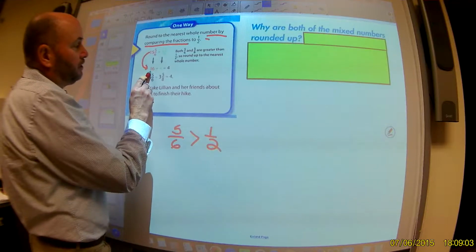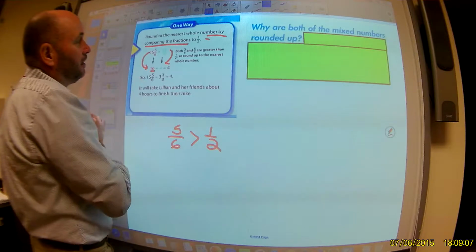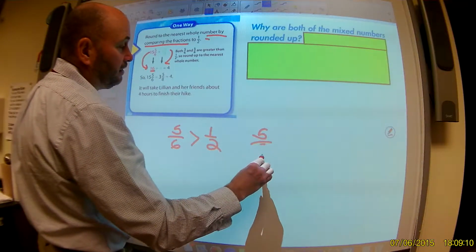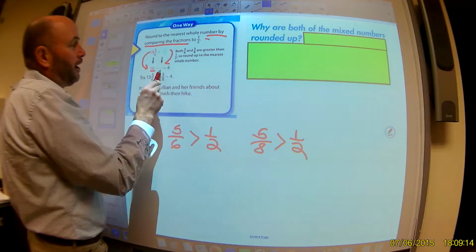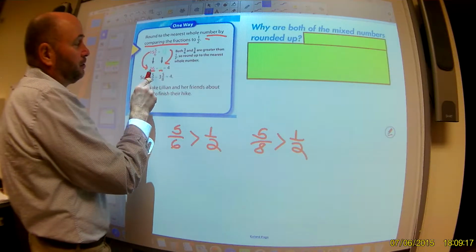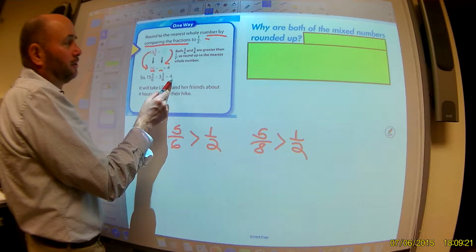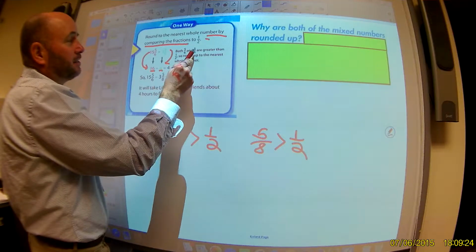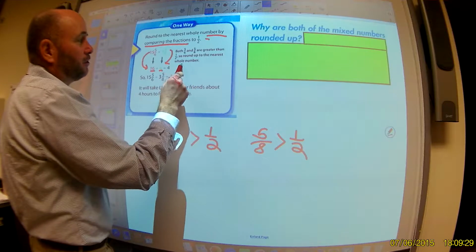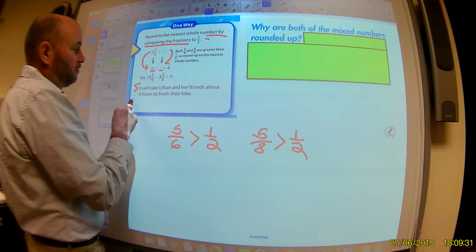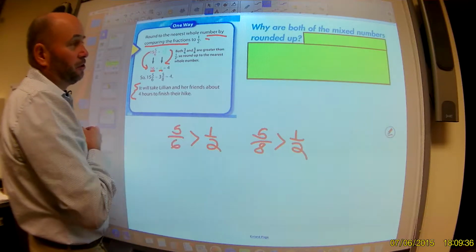Then we have 3 5/8, and 5/8 is definitely greater than 1/2, so we would round that up to 4. Then we can simply do 16 divided by 4 and get our answer of approximately 4. Both 5/6 and 5/8 are greater than 1/2, so round up to the nearest whole number. Our answer is that it will take Lillian and her friends about 4 hours to finish their hike.